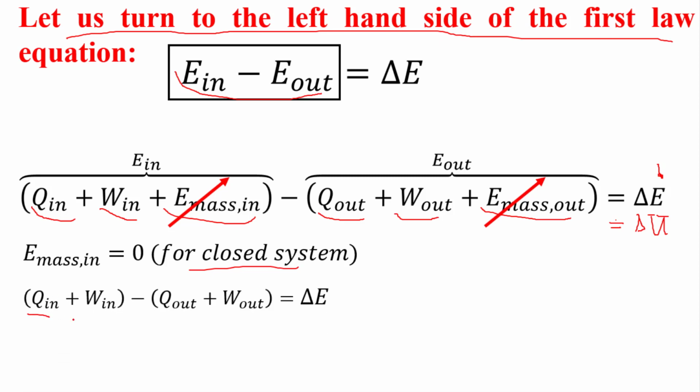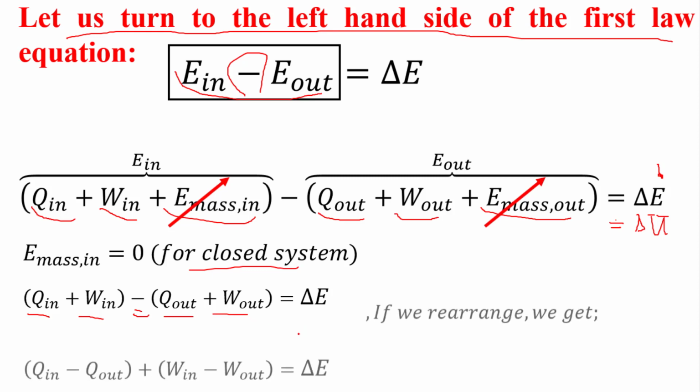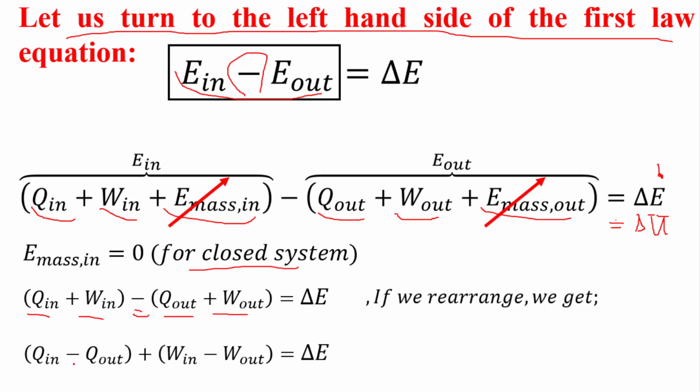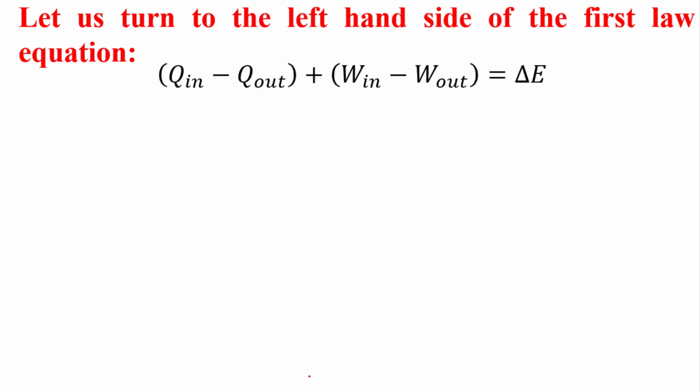Now Q in plus W in minus Q out plus W out equals delta E. If we rearrange, with Q together and work together, we get Q in minus Q out plus W in minus W out equals delta E for the system.